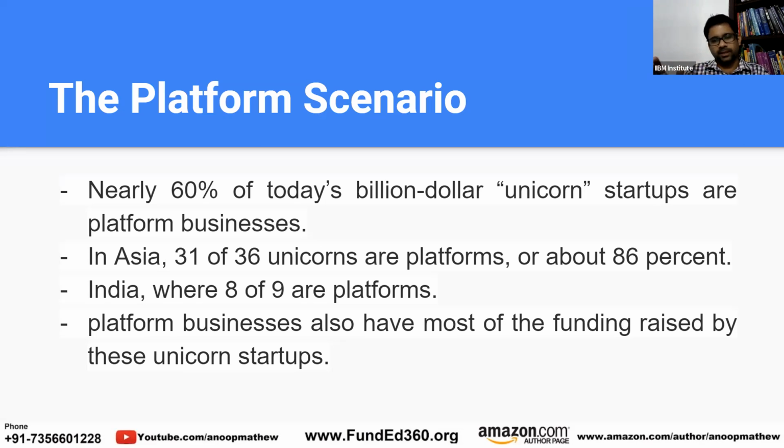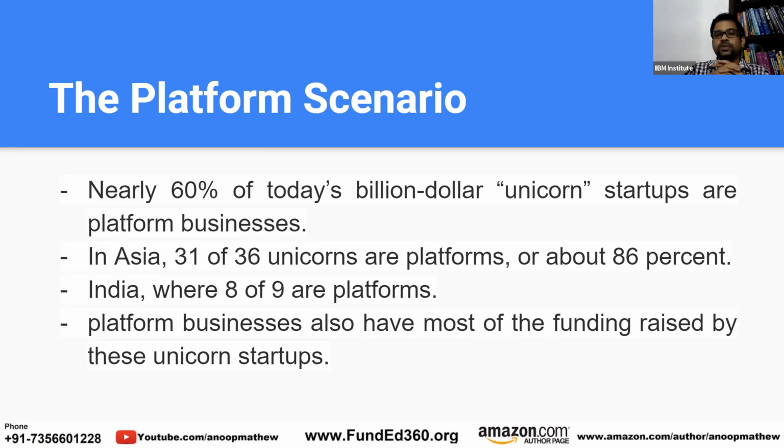60% of the unicorns or bigger startups that come into play are involved with the platform business, mainly because the digital or internet penetration across the globe is very high nowadays. Even in the interiors of African villages or rural Asian countries, including India or Sri Lanka or any of the SAARC countries, internet penetration is very high.